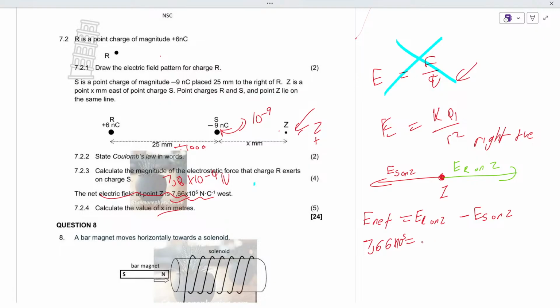We'll just say E-net equals KQ1 over r squared, this formula. Our K is 9 times 10 to the power 9. What is our Q1? Q1 is just this one.